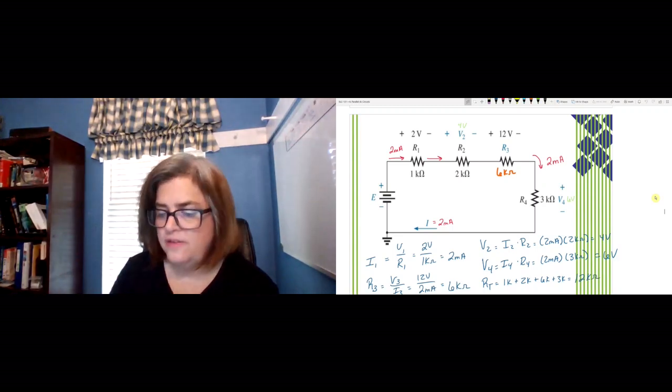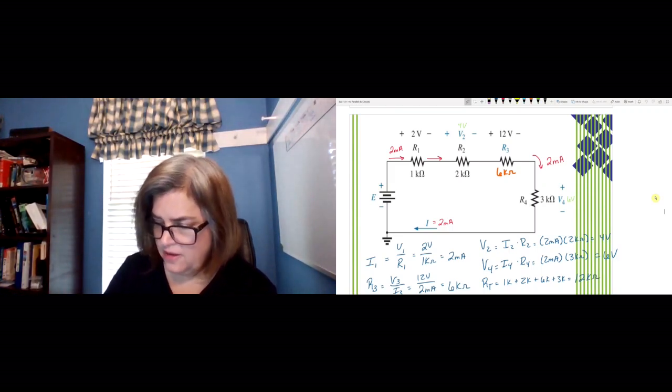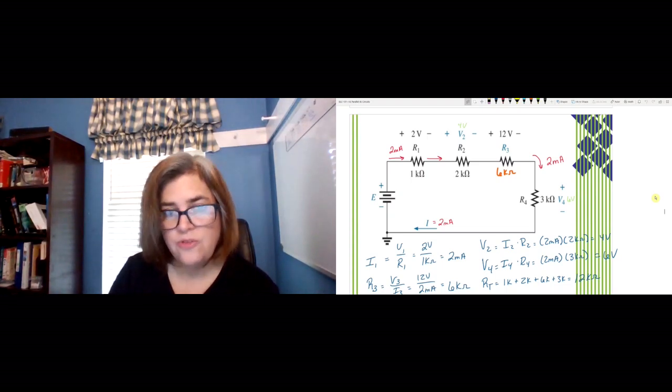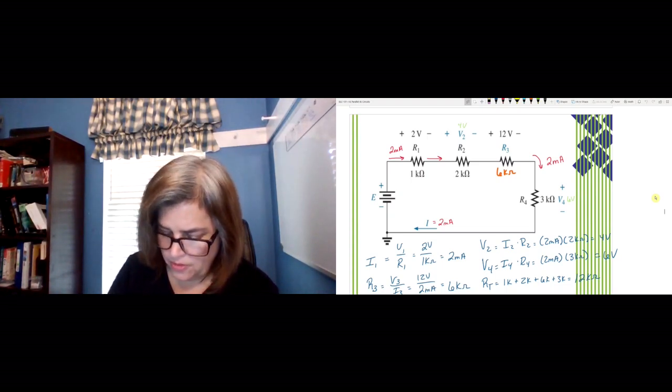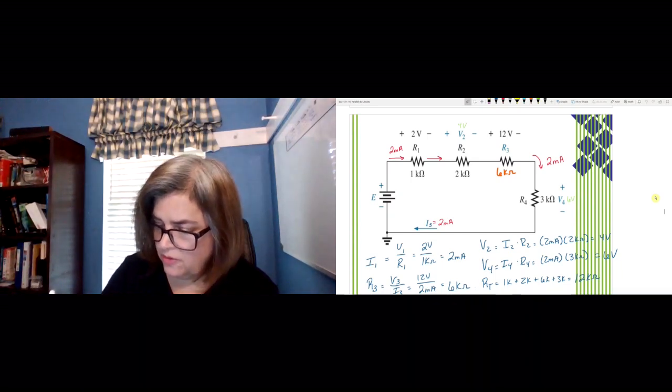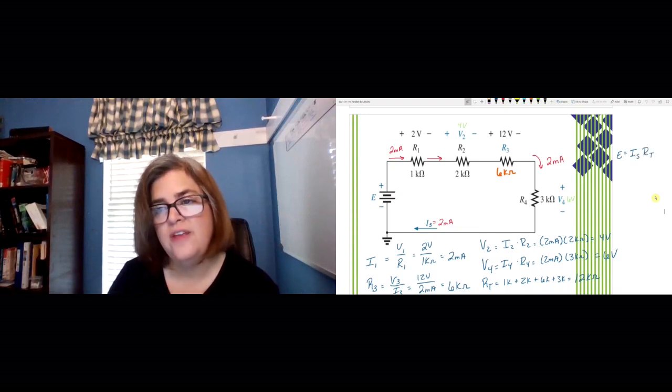And we do that because that actually gives us our source current if we're looking for it. We're not really looking for our source current because, remember, this current down here is our source current. So if we're looking for E, that's going to be our source current times our total resistance. Again, true of every circuit out there.